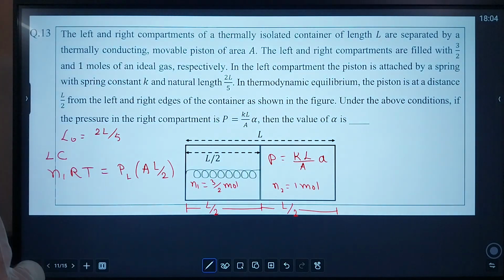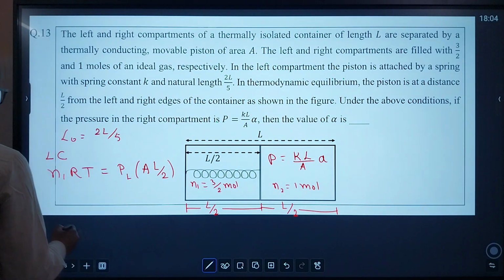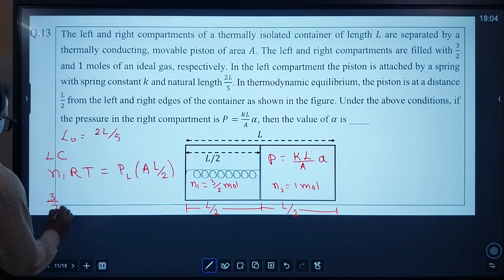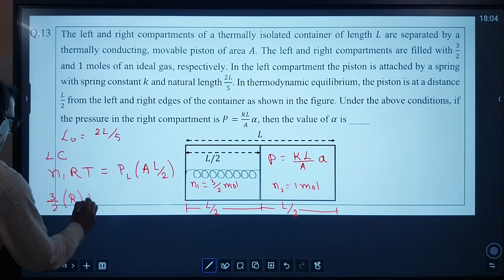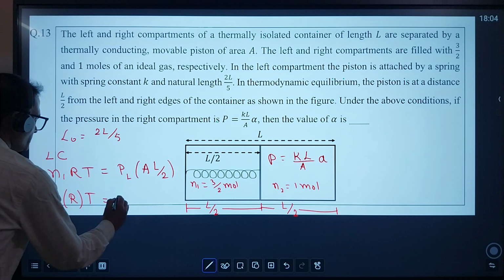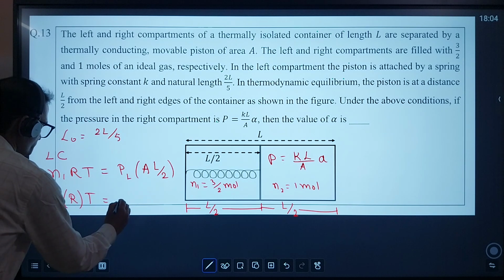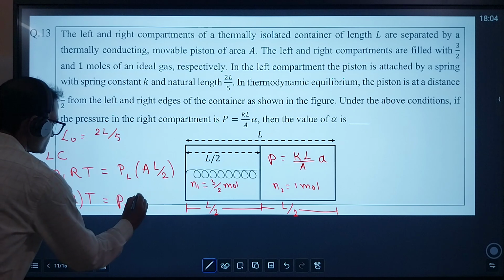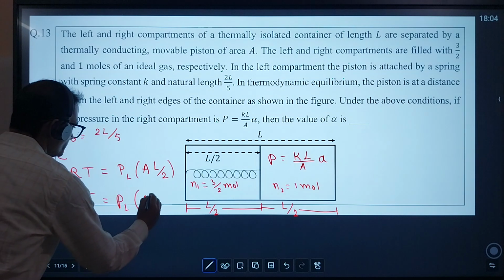So N1 is 3 by 2, R is R, T is T, PL we don't know, A L by 2.